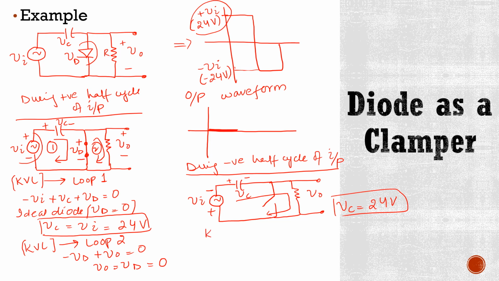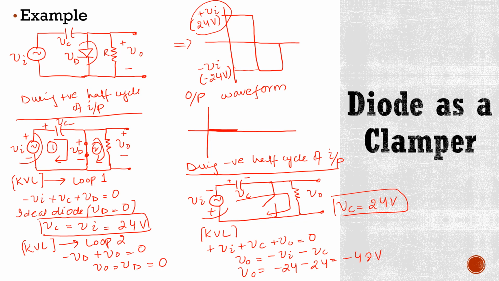Again, if we apply KVL here and start from this point, our equation will be plus Vi plus Vc plus V0 is equal to 0. If we rearrange this equation, we get V0 is equal to minus Vi minus Vc. We know that here Vi is minus 24 and Vc is also 24, so the output voltage is minus 48 volts.